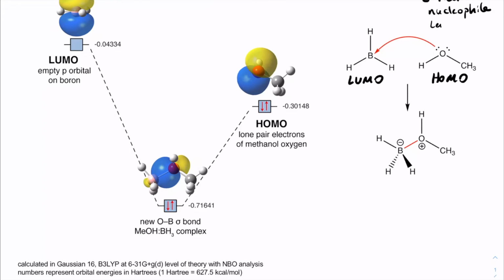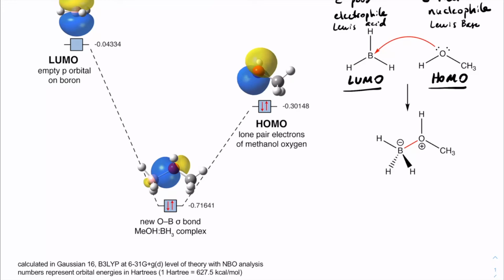We will also call it a Lewis base. In contrast, the electron-poor molecule we will call an electrophile, because it is electron-poor and it loves electrons, or we'll call it a Lewis acid. For Lewis acids, we're going to be worried about the LUMO. For Lewis bases or nucleophiles, we're going to be worried about the HOMO.